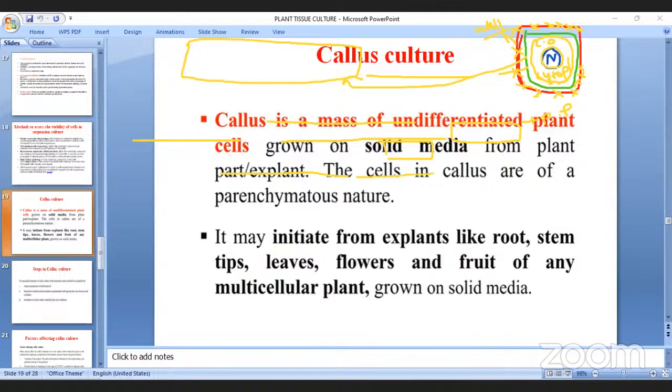Hybridization is the fusion of a normal protoplast with an enucleated protoplast, resulting in a hybrid.